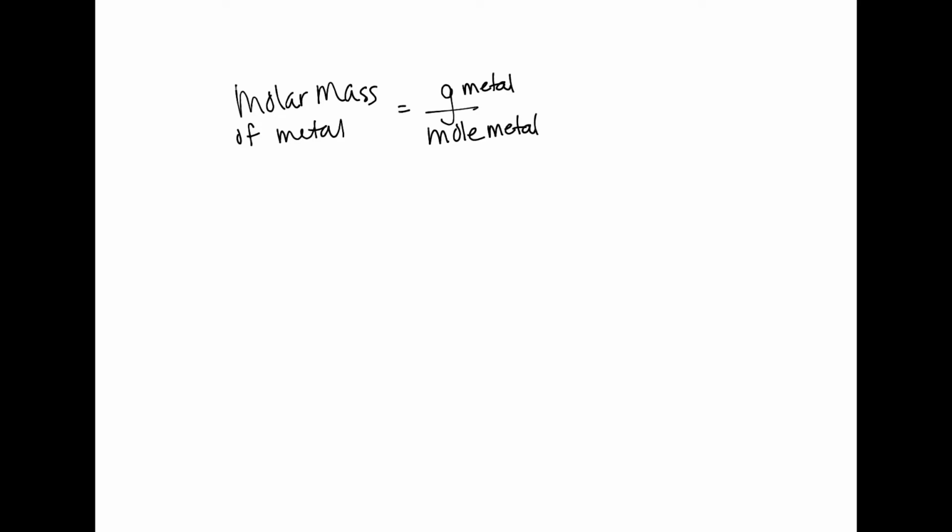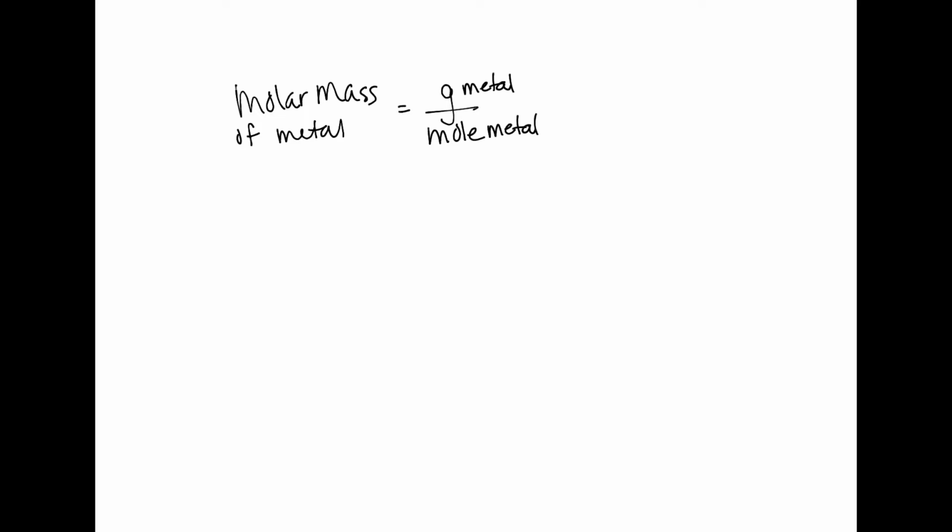Now again, the purpose of this lab is to find the molar mass of a metal. And molar mass has the units of grams per mole. So we need the grams of the metal per mole of the metal. And to find each one of these parts, the grams and the moles, we're going to use a different procedure.